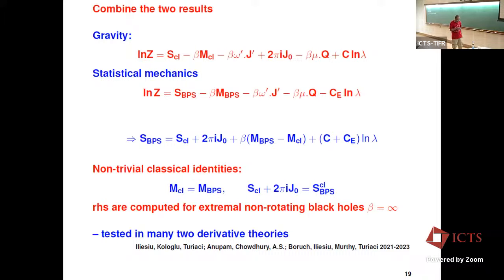And this classical relation has been tested in many two derivative theories. These authors actually tested it for minimal N equal to 2 supergravity in 4 dimensions. That's basically Reissner-Nordstrom. Sorry, not Reissner-Nordstrom, Kerr-Newman. You need charge and angular momentum. Then we tested it in 5 dimensions, where things are a bit more involved because you have additional angular momentum.